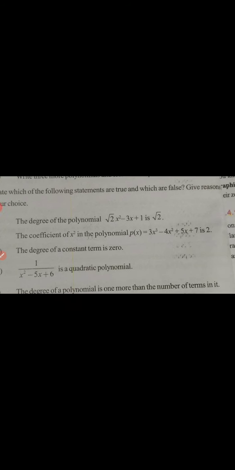Next question. The coefficient of x square in the polynomial 3x cube minus 4x square plus 5x plus 7 is 2, the given answer says. The x square term is minus 4x square.